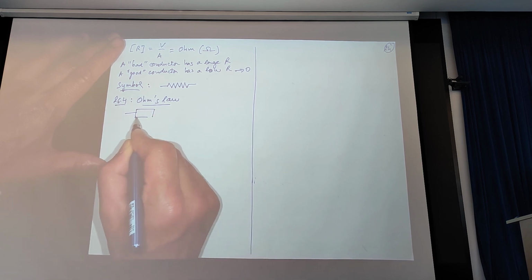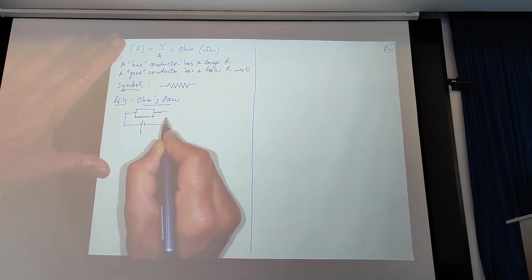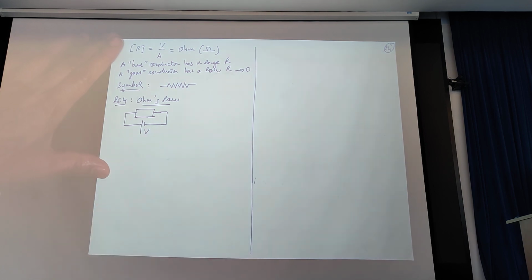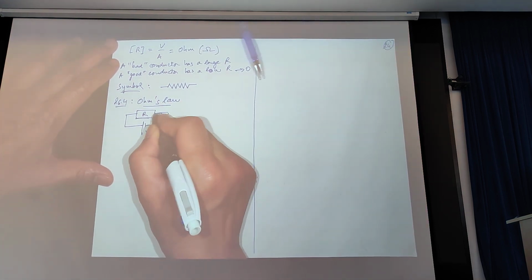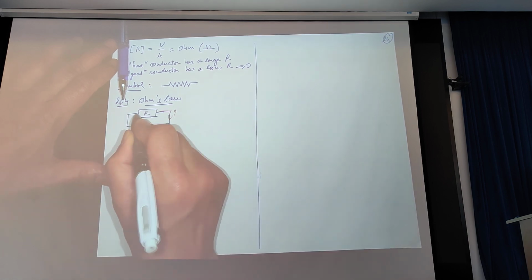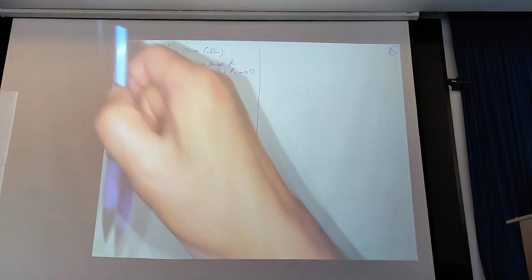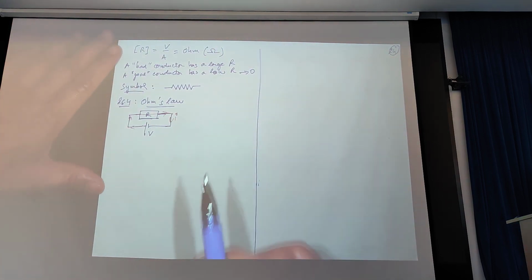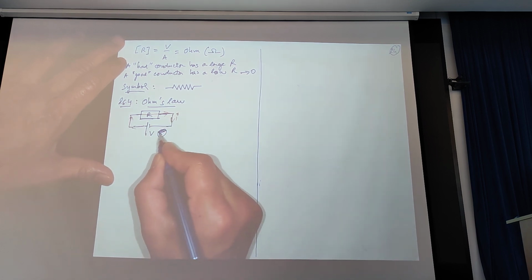We have an object, a conductor, some wire, with V, and now I'm going to put R. We can measure the current I through R. But now V is a variable.